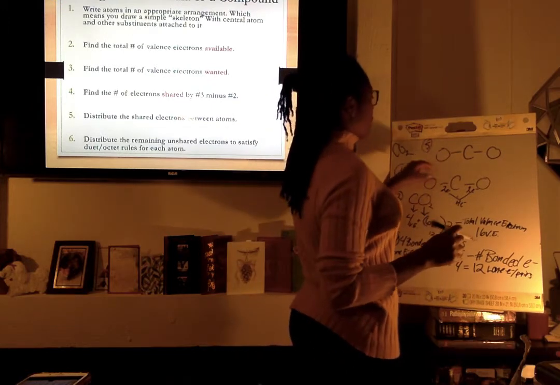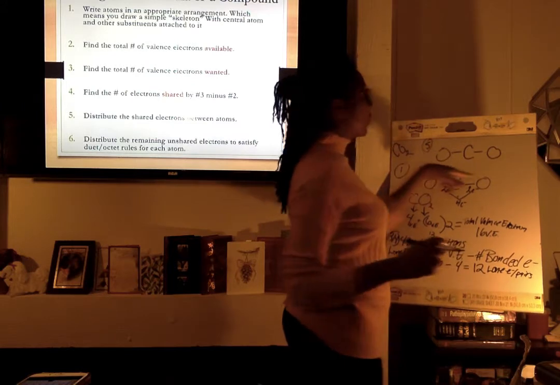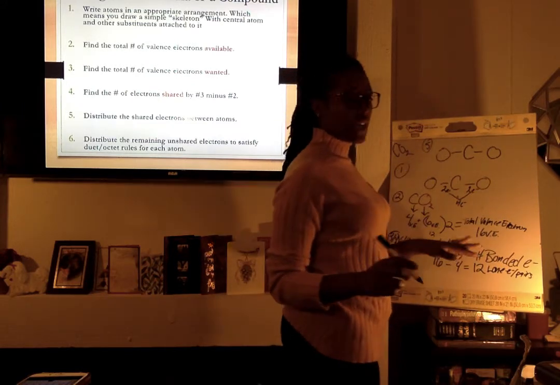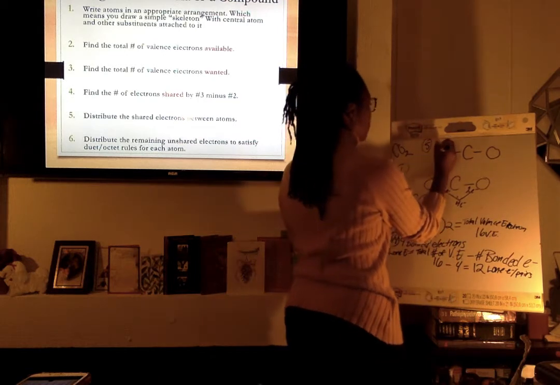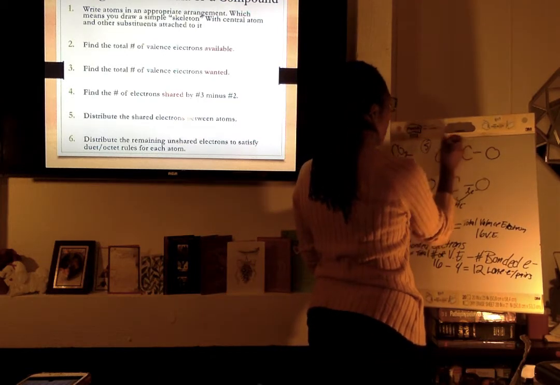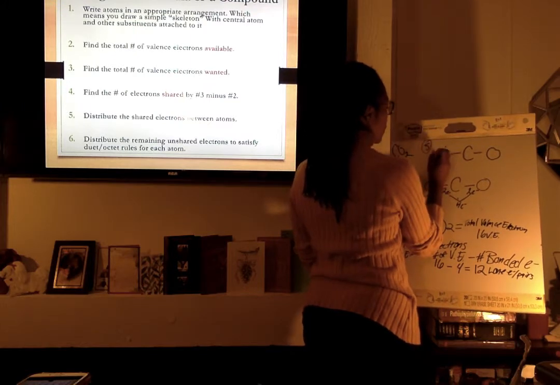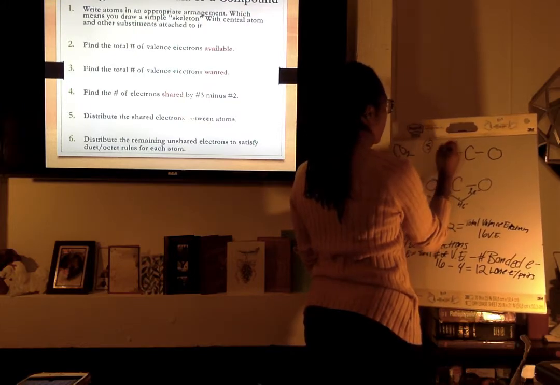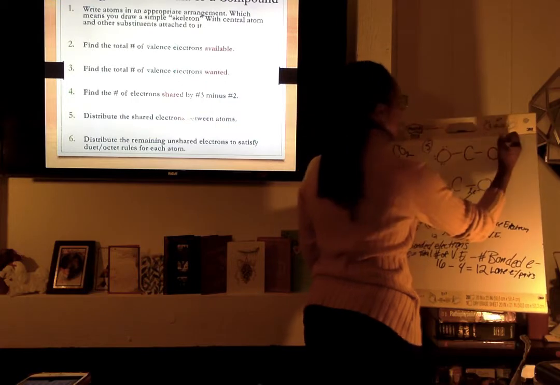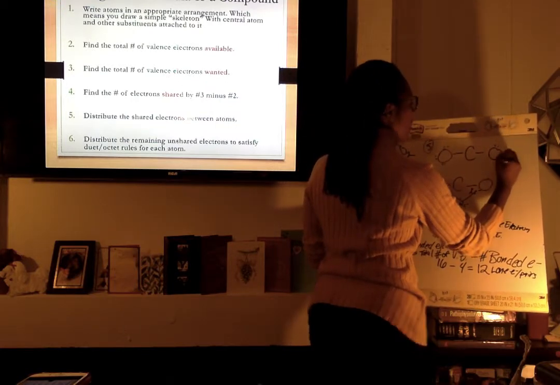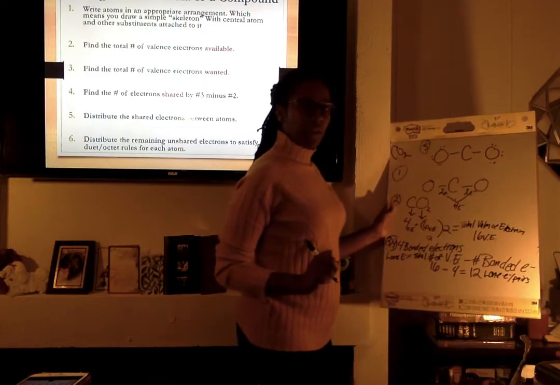But when you start this, you're going to add your electrons to the outside atoms and then finish with the inside. So I have 12. So I would have 1, 2, 3, 4, 5, 6, 7, 8, 9, 10, 11, 12. Okay?